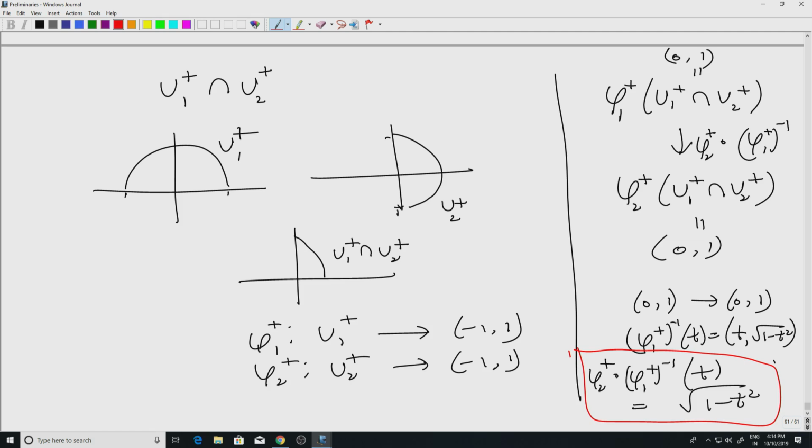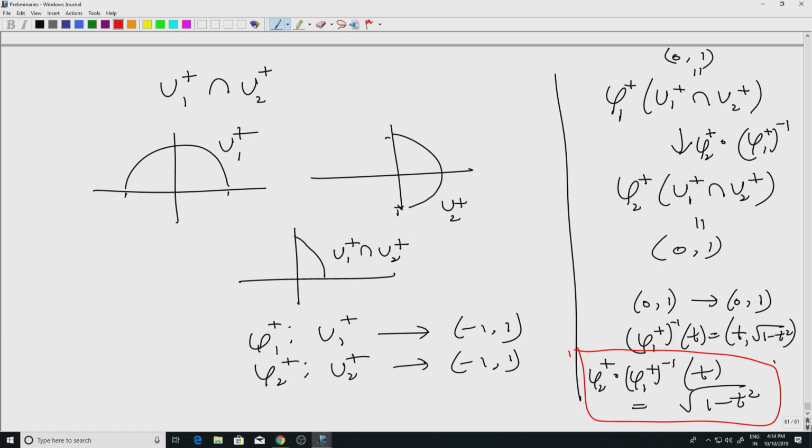The point is that this map, square root of 1 minus t squared, is an infinitely differentiable function from (0, 1) to (0, 1). If I included 0, then this would no longer be infinitely differentiable, but I am in the open interval, so I am fine. So this is a C infinity function.